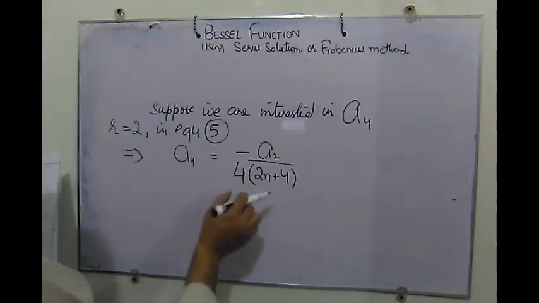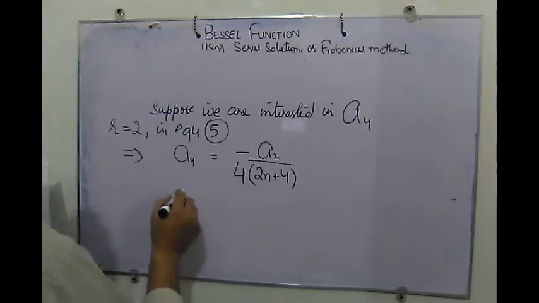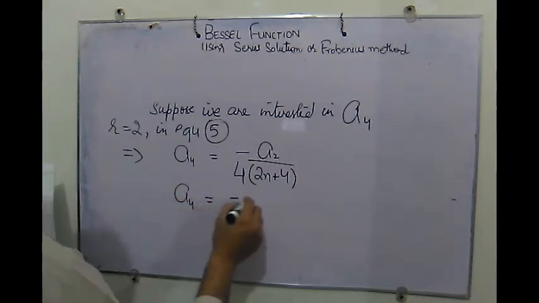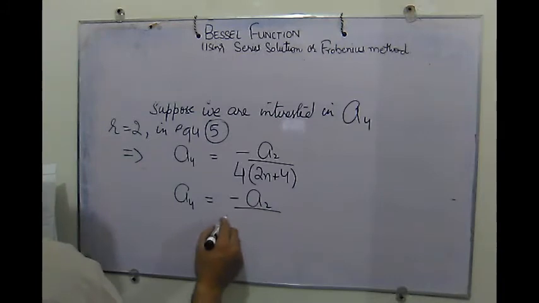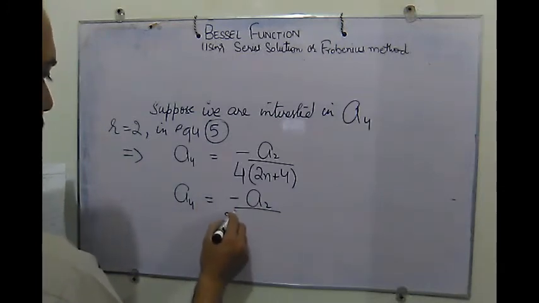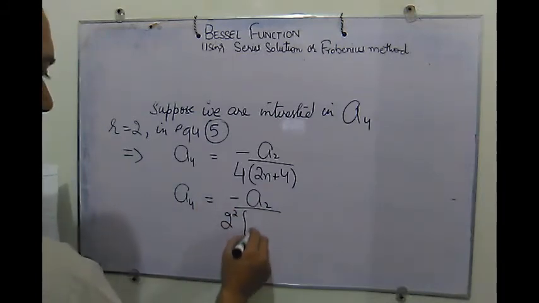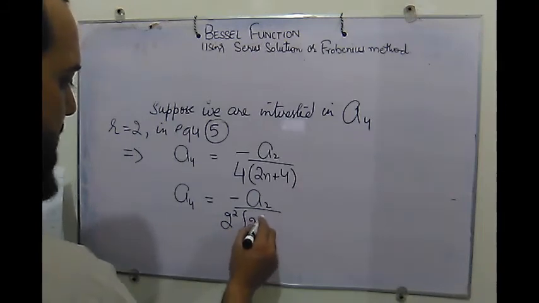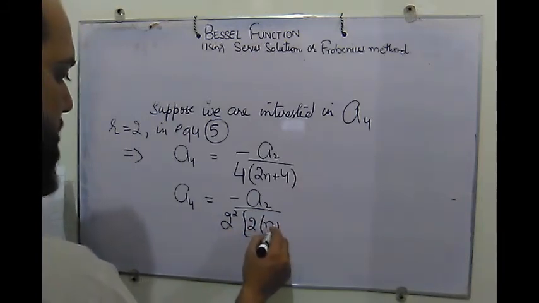When we take 2 common, then we can make it a form like the previous one. a2 upon 4 can be written as 2 squared, and if we take 2 common here, it would become 2 into (n plus 2).